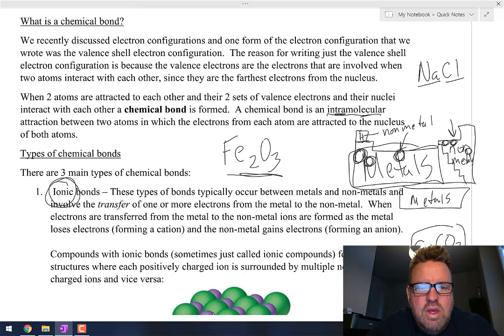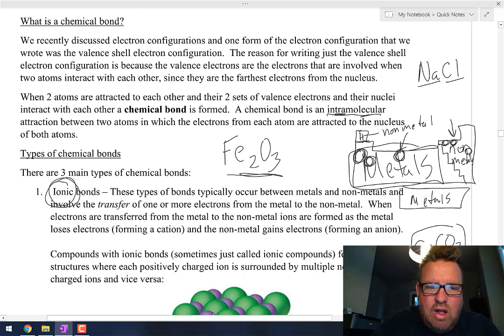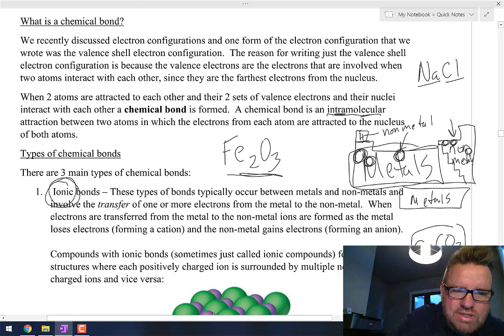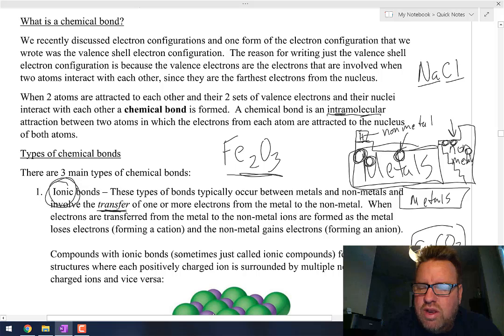Now, in an ionic bond like NaCl, what happens is one or more electrons are transferred from the metal to the nonmetal. If you think about sodium, now we're going to use our electron configuration knowledge.